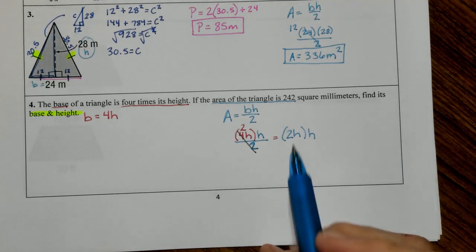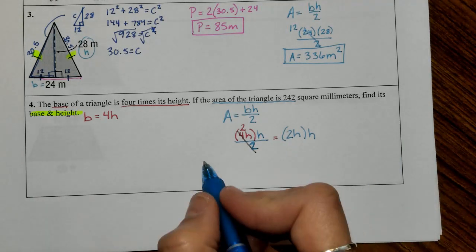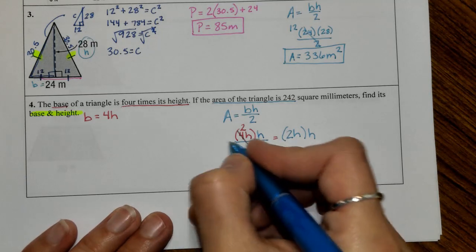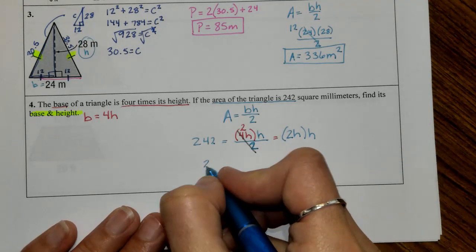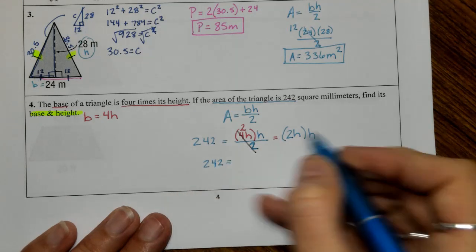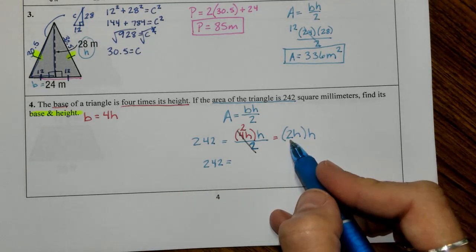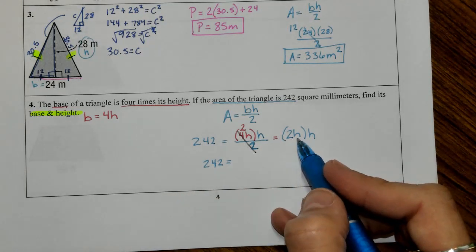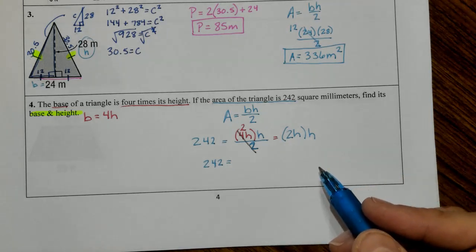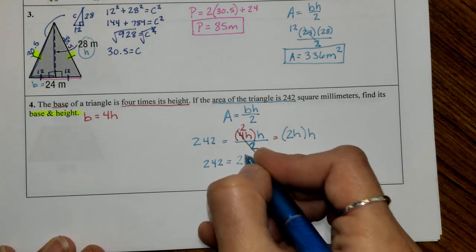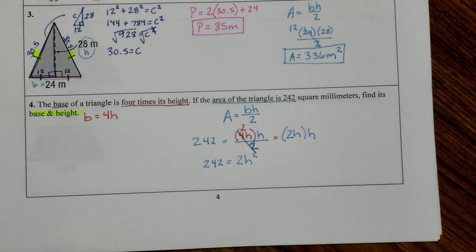And so now we know that our area, which I probably should have put up here, area is 242. 242, our area, is equal to, well, when we take this, we end up with 2h times h. It's just like saying x times x. We have an x squared. So here we're going to have 2h squared.